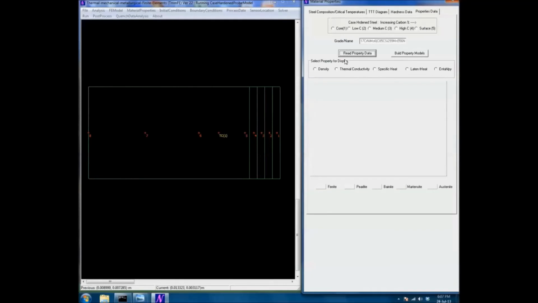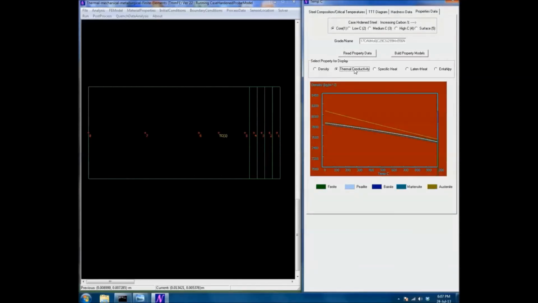The properties are also defined in a similar fashion with the density, thermal conductivity, specific heat, latent heat, and the enthalpy of each one of these layers specified as functions of temperature. This constitutes the modeling of the materials.